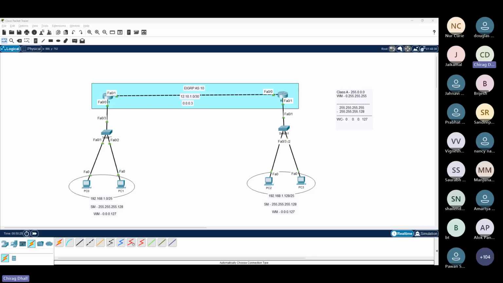All right, let's get back to the topic. I'm hoping that everyone must have completed this. Let's understand now how the metric calculation goes and what exactly is the algorithm used by EIGRP.